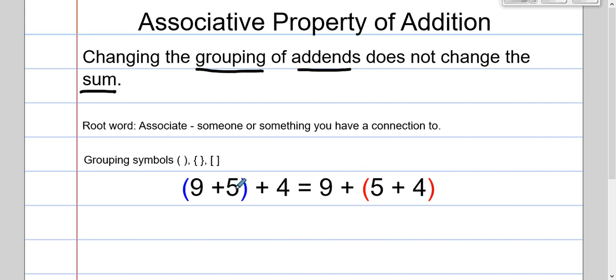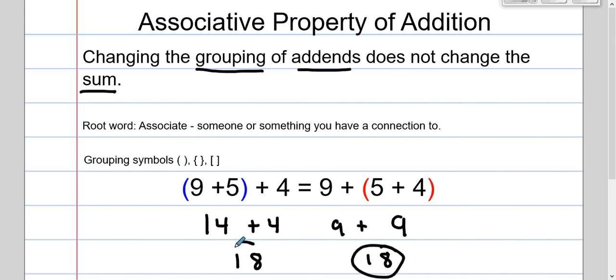So if I had 9 plus 5 first, that would give me 14 plus 4 gives me 18. Or if I add the, I'm sorry, the 5 plus 4 first, that would give me 9 plus 9 equals 18. So they're still equal to the same thing. Changing the grouping does not change the sum.